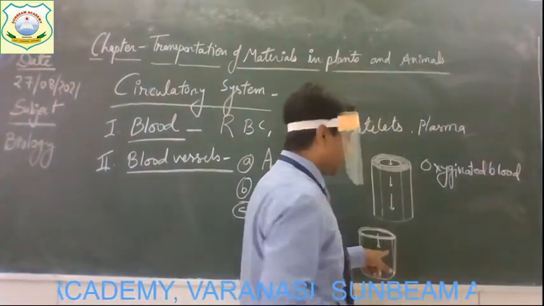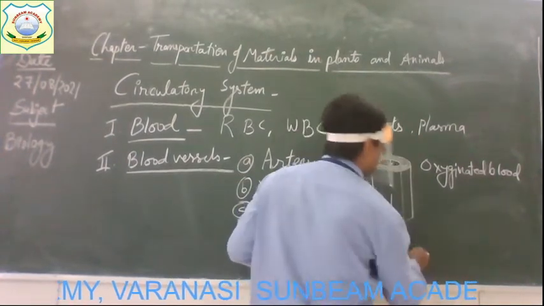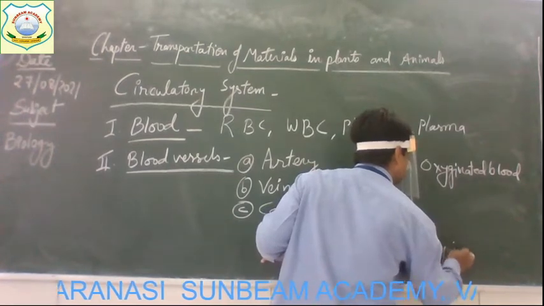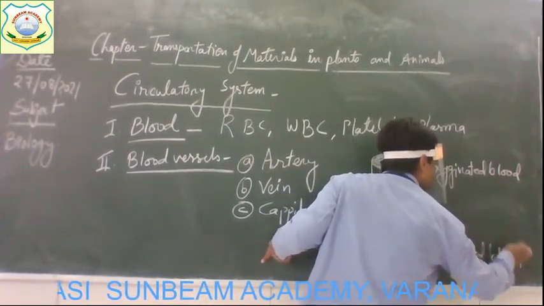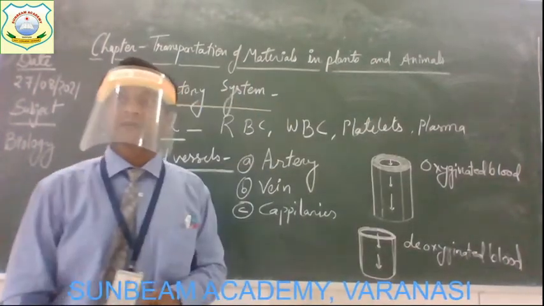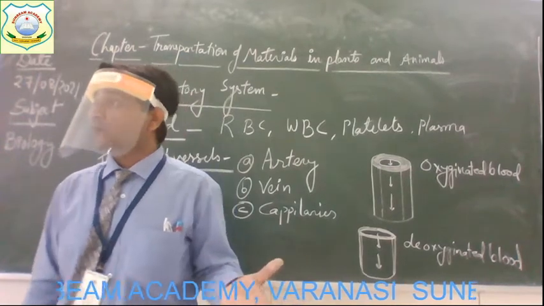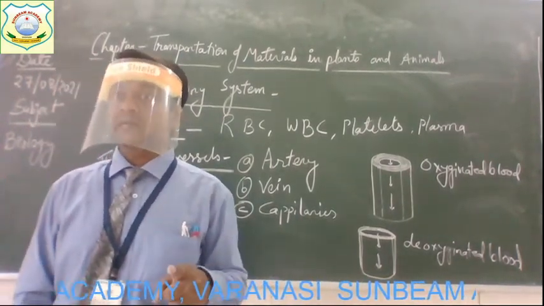So you can see that in veins, what is going to be transported? Deoxygenated blood. Clear? Understood? And deoxygenated blood is what? It is carbon dioxide-rich blood.